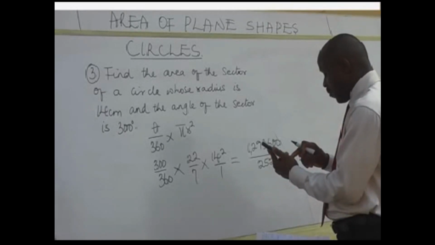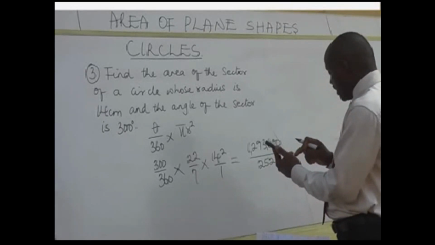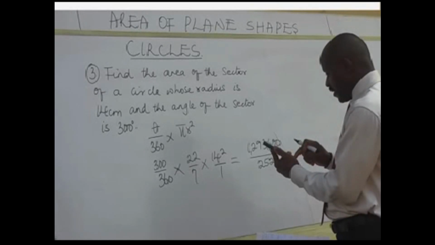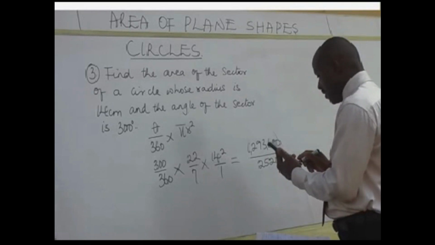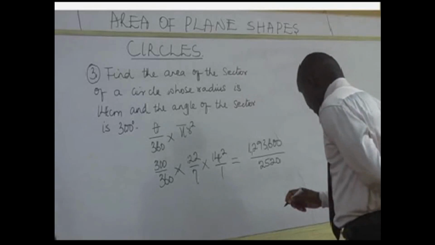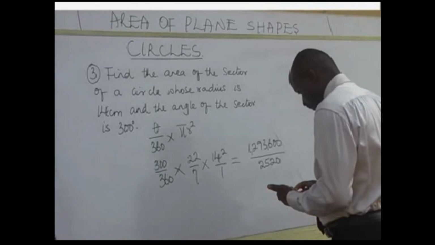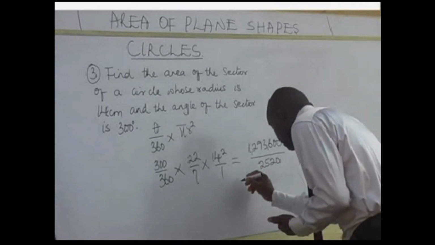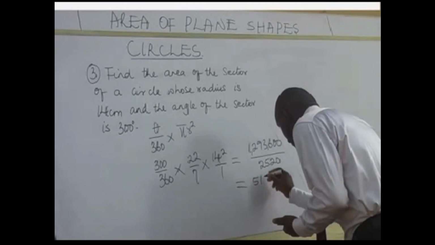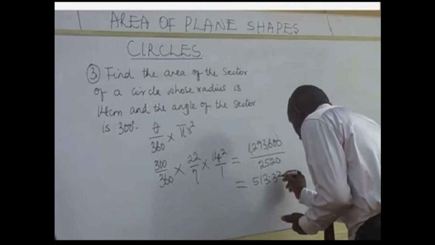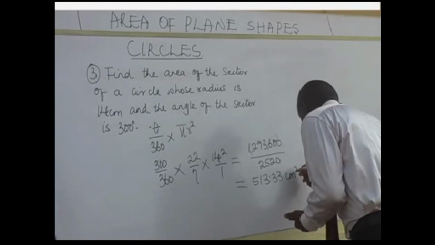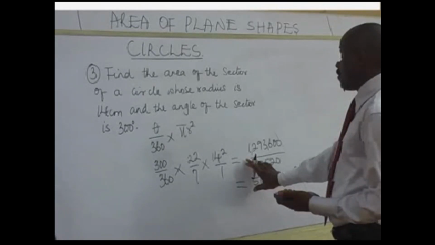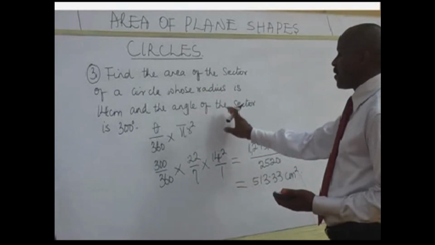So we have 1,293,600 divided by 2520. It's giving us 513.333, 513.33 recurring. So let's stop at the second 3, centimeter squared. So this is the value of the area of the sector of that circle.